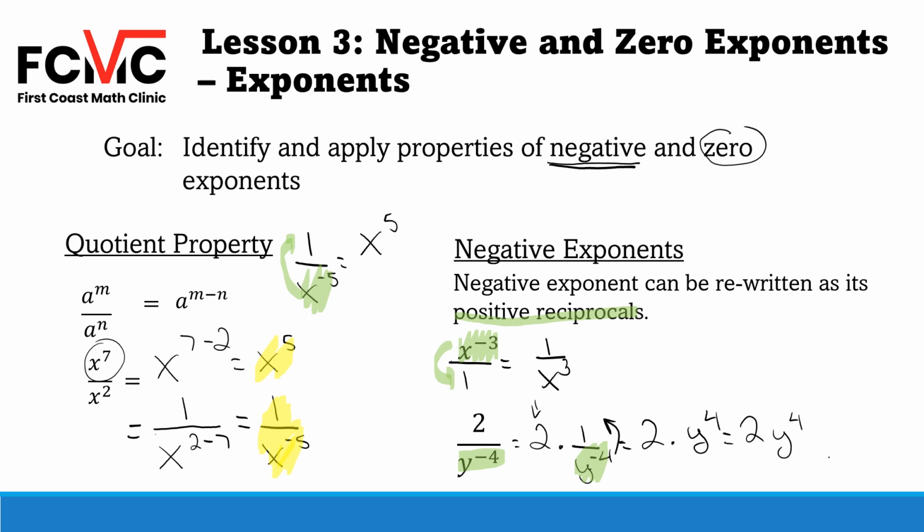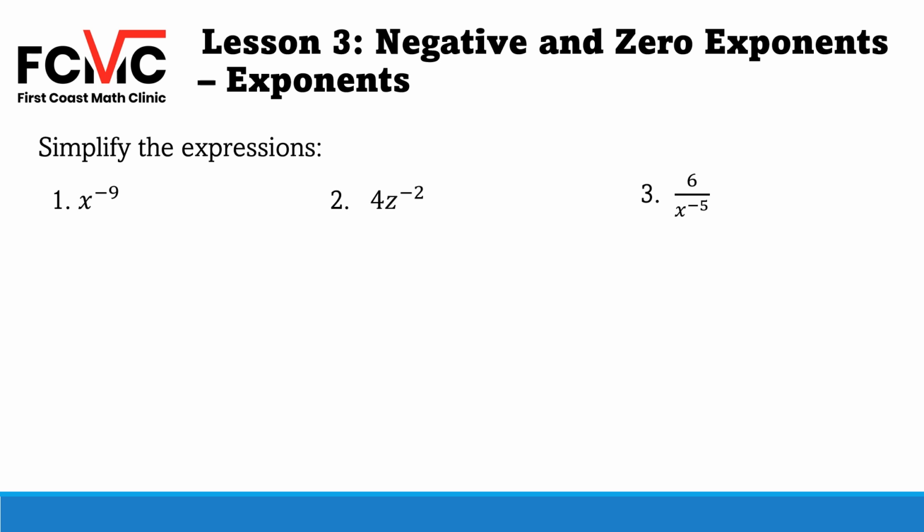Let's get into a couple of examples where we simplify expressions by making our negative exponents positive, and then using some of our quotient properties from Lesson 2 and multiplication properties from Lesson 1. For 1, we have x to the negative 9th. Just to do this out, I can put this over 1, so we can clearly see what we're doing.